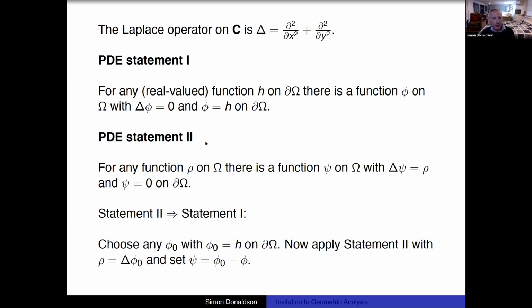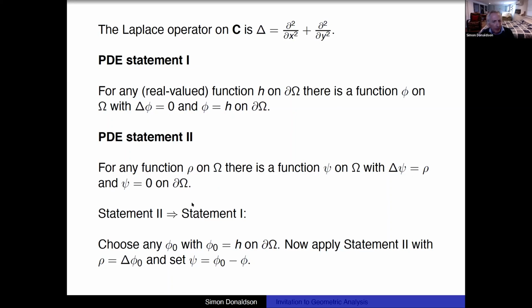The second statement is that if we have another function rho on the domain, then we can satisfy the equation Laplacian of psi equals rho, with psi vanishing on the boundary. So these are closely related.